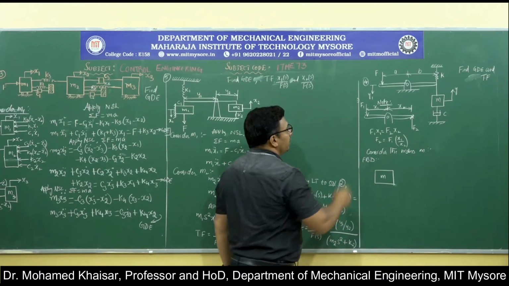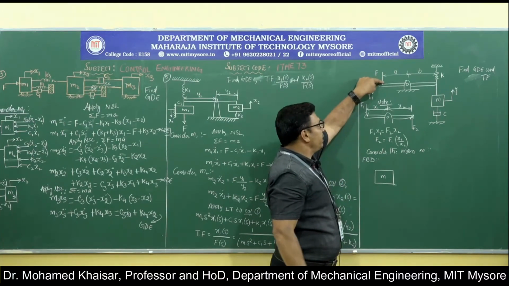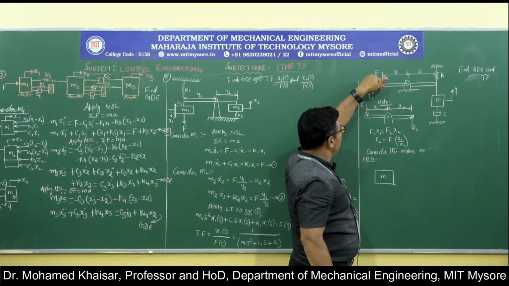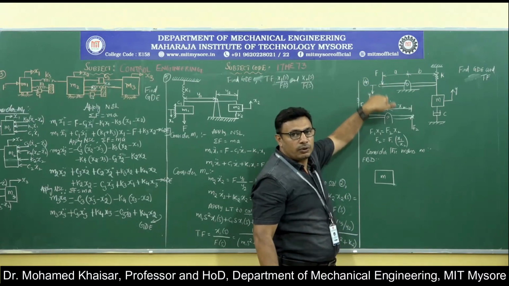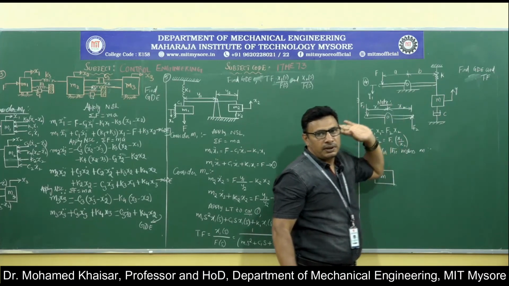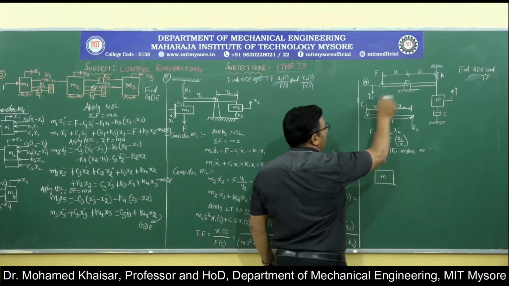Whenever the force is applied over here, due to the leverage mechanism, if this end of the lever tries to go downwards, then obviously the other end of the lever is going to go up. So, this tries to go up by distance y1.